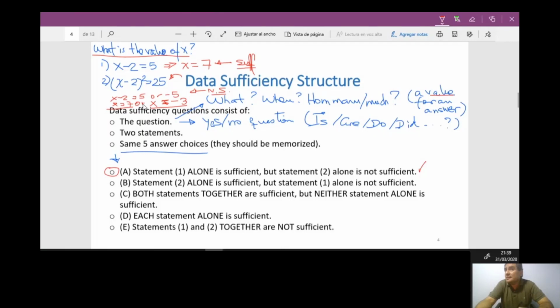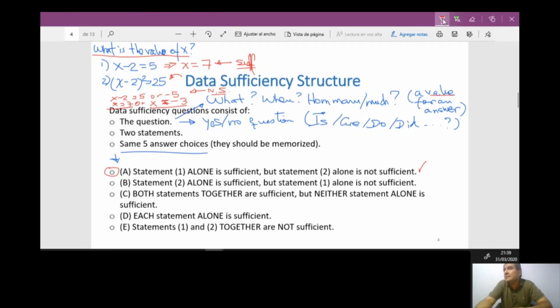If that is the case, the answer choice would be B, which says statement 2 alone is sufficient, but statement 1 alone is not sufficient. How is it that you can get the option C, or the third option, for an answer? Both statements together are sufficient, but neither statement alone is sufficient.